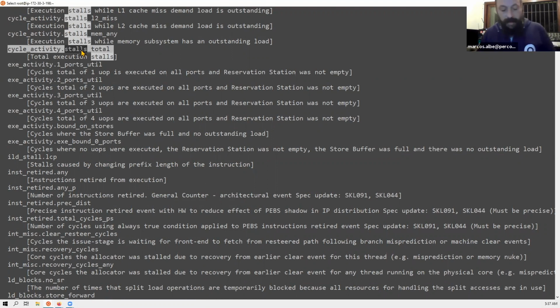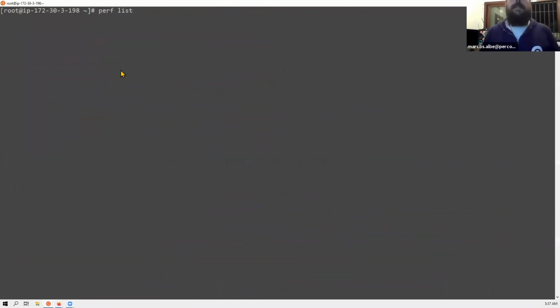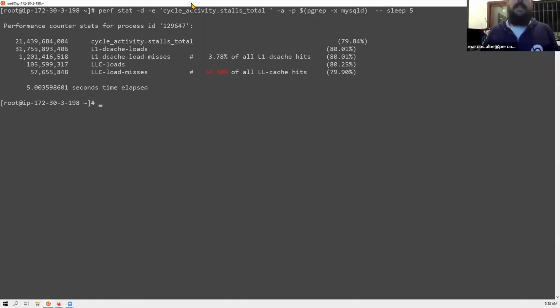I could do something like this, and do perf stat -d. This will give us the number of cycles that were stalled for some reason.